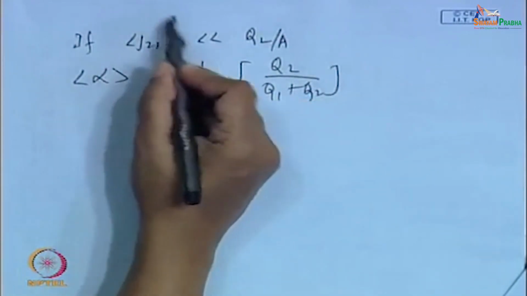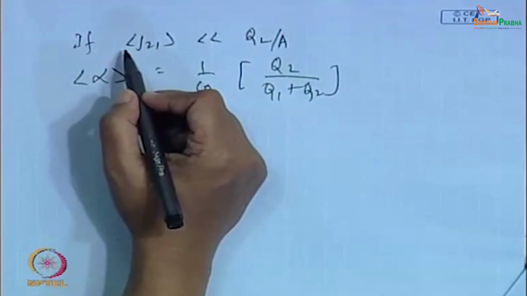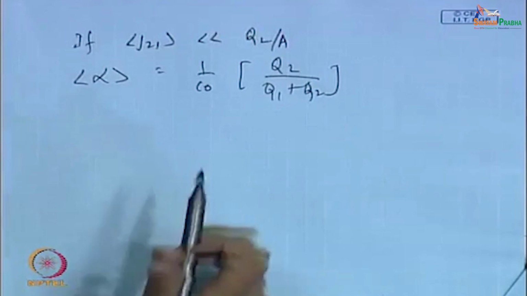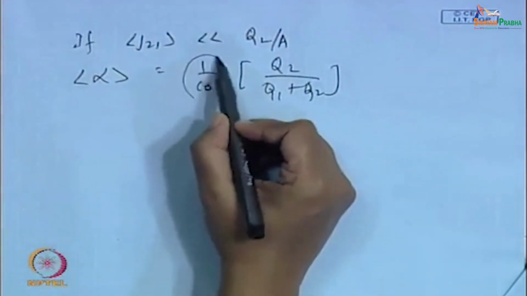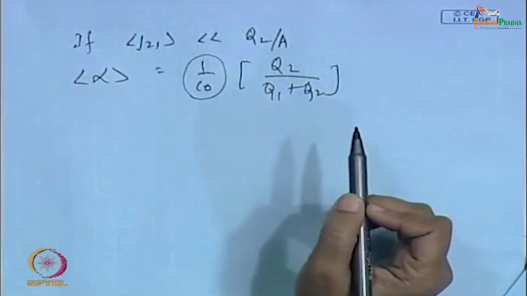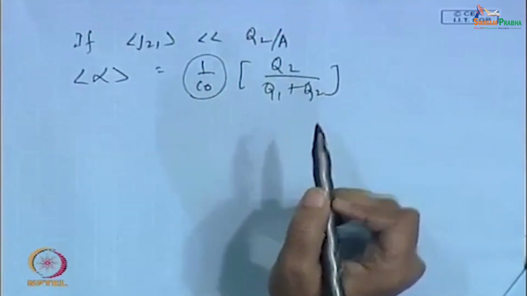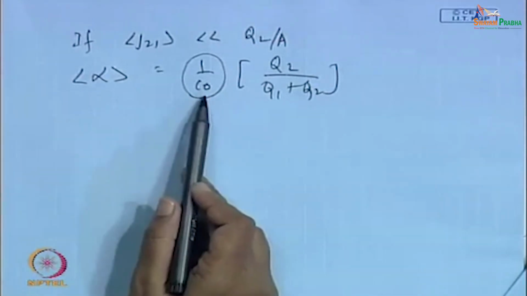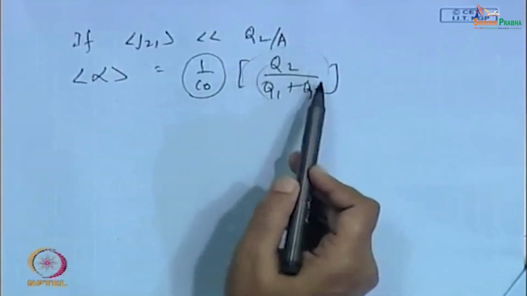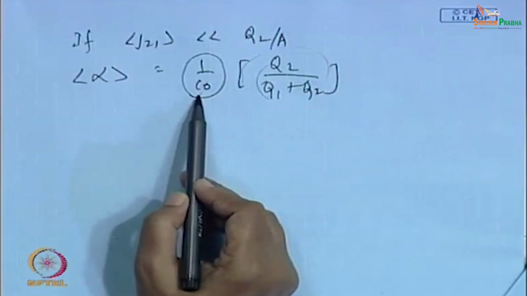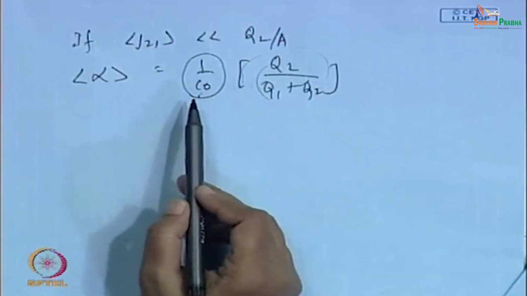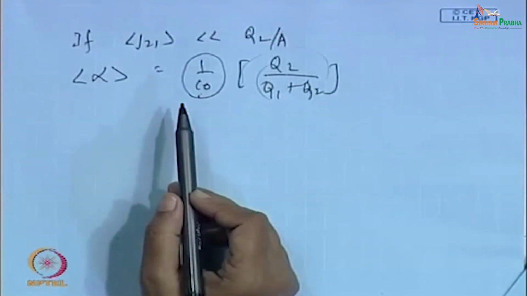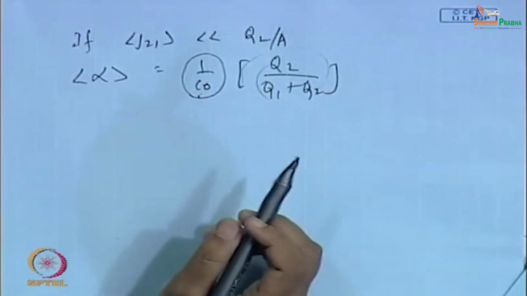In other words, if the drift velocity or drift flux is very small, that means the two phases are moving at almost equal velocity. Under those circumstances, we just need a distribution parameter in order to account for the non-uniform velocity and voidage profiles. Therefore, simply the homogeneous value has to be modified by the term 1 by C0 in order to account for the non-uniform velocity and the voidage profiles, and accordingly this particular correction is found.